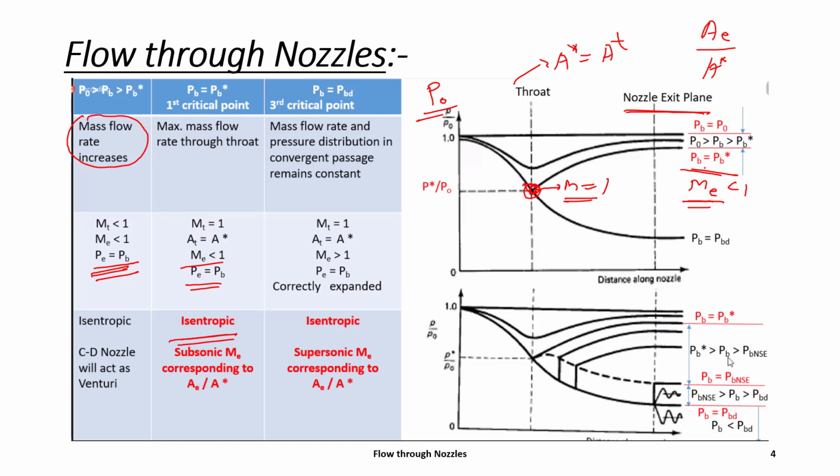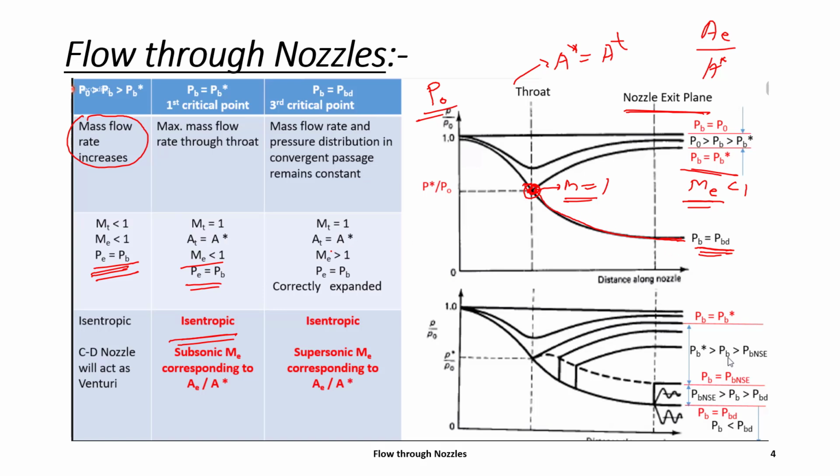That is similar to the third critical point, in which condition the flow, instead of being subsonic in the divergent part, will be supersonic, and flow will be isentropic throughout, and it will be at a much lower back pressure. Mach number will be equal to 1 at the throat, and this critical area will be the throat area.